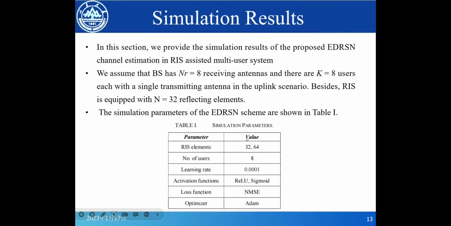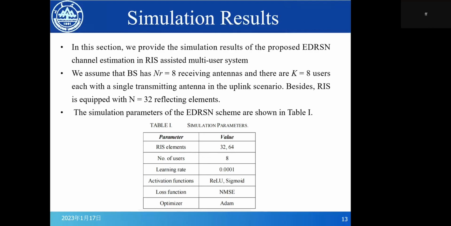And in this section, we provide the simulation results of the proposed EDRSN channel estimation in a RIS-assisted multi-user system. We assume that the base station has NR equal 8 receiving antennas, and there are K equal 8 users, each with a single transmitter antenna in the uplink scenario.